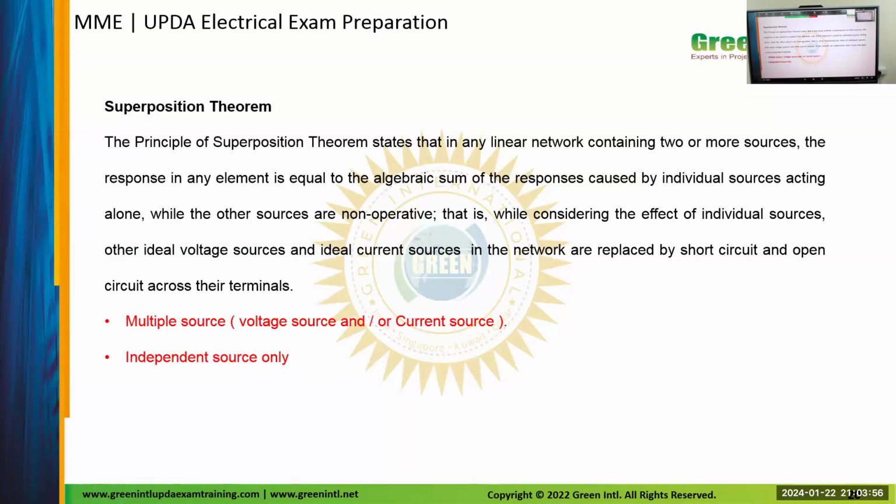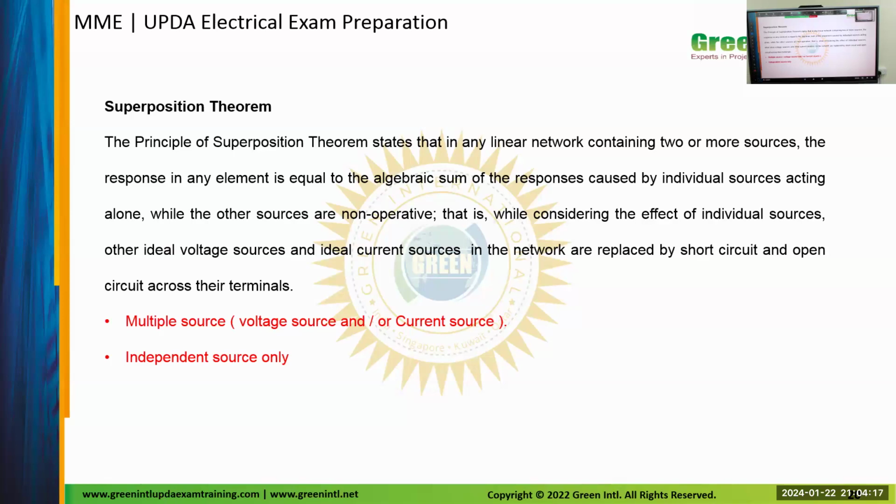Next is the superposition theorem. From an exam point of view, when we apply the superposition theorem, these two questions are frequently asked. If your circuit has multiple sources, Thevenin's theorem and Norton's theorem can be applied with one source or more than one source.